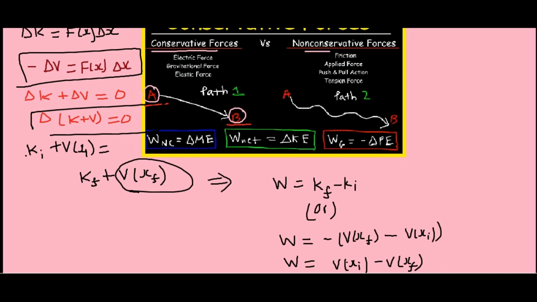So if a conservative force acts on the system, the work done will be given by final kinetic energy minus initial kinetic energy, or in terms of potential energy, initial potential energy minus final potential energy.